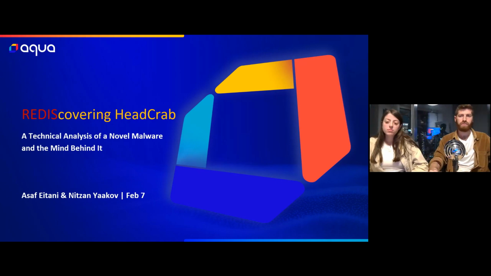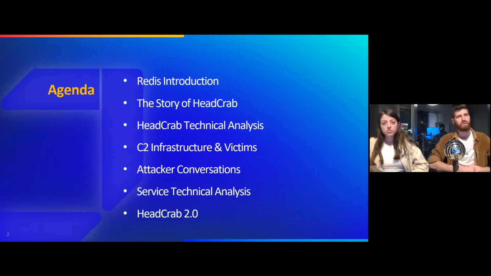So first things first, let's take a look at what we're going to do. We're going to take a quick look around Redis, a quick introduction to understand what our playing ground is. And then we're going to tell you the story of HeadCrab, how we discovered it, and what its technical details are in the following section about the technical analysis.